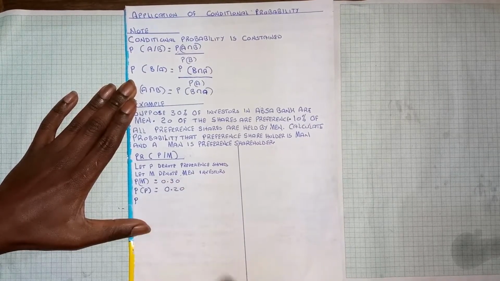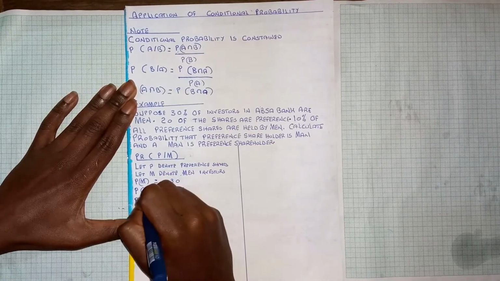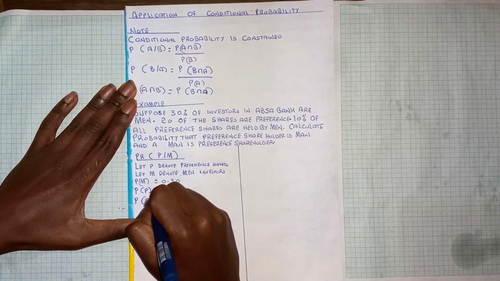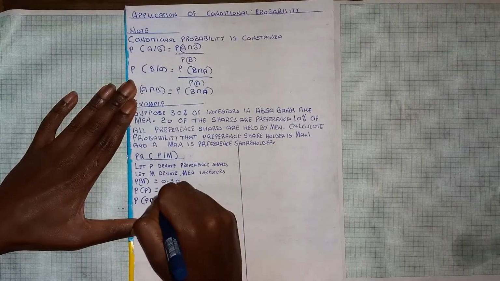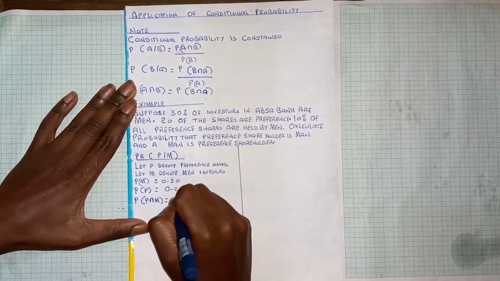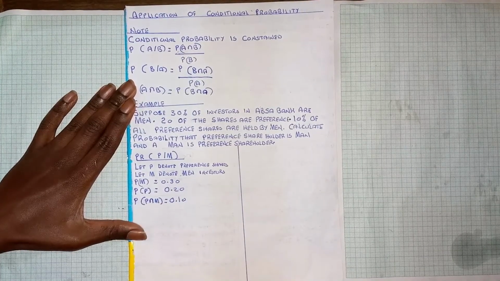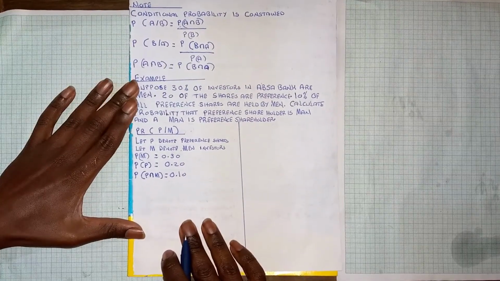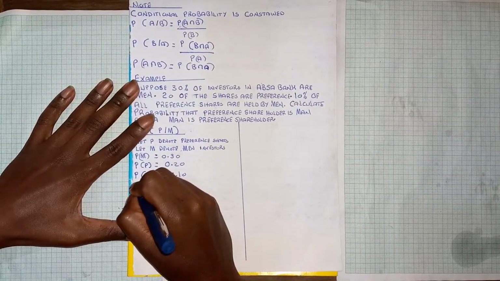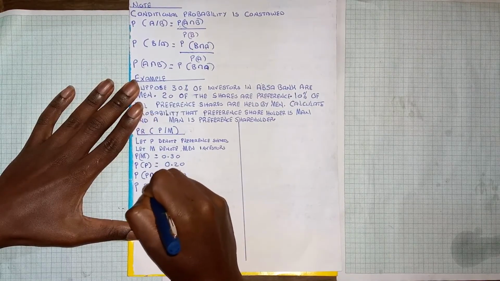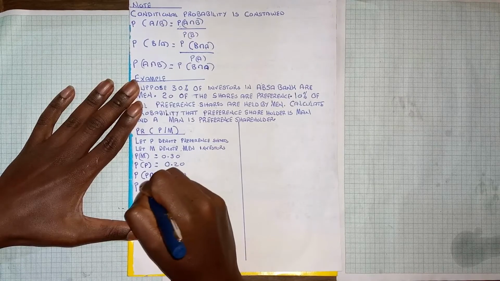And the probability that a preference shareholder is also a man is equal to 0.10. Therefore, I would like to solve for the probability that a preference shareholder is a man.